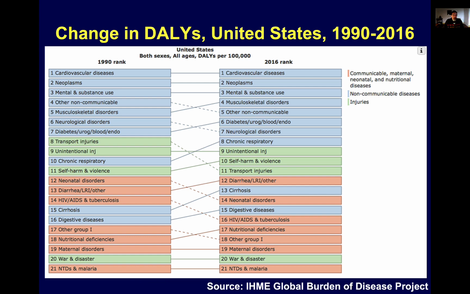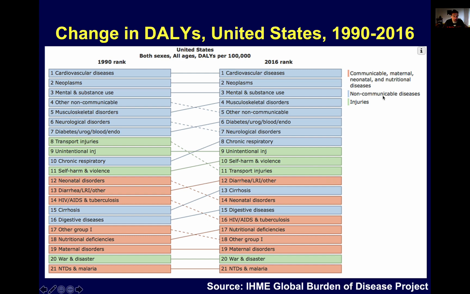You can think about looking at the burden of disease in terms of number of deaths as well as the death rate, or the deaths per 100,000. And this is a slide showing the disability adjusted life years, or DALYs, and ranking the causes of death for the US between 1990 and 2016, and you can see how things have changed or not changed so much.